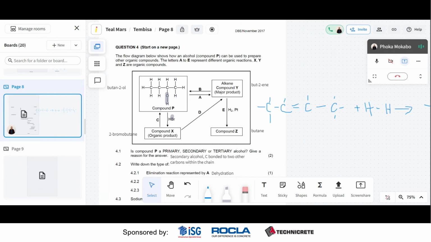There's position isomers, there's structural or chain isomers, and there are functional isomers. The easiest one is always functional isomers, because you are either looking at an aldehyde and a ketone, or you are looking at an ester and a carboxylic compound. Those are the 2 types of functional isomers, and you get none else at a matric level.